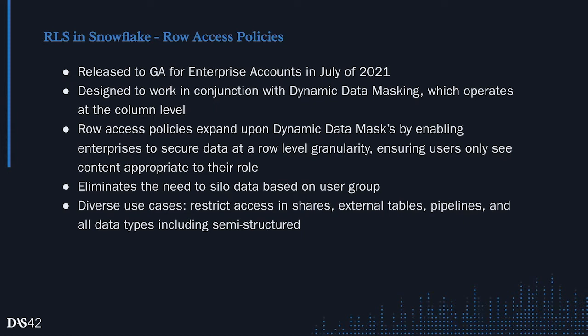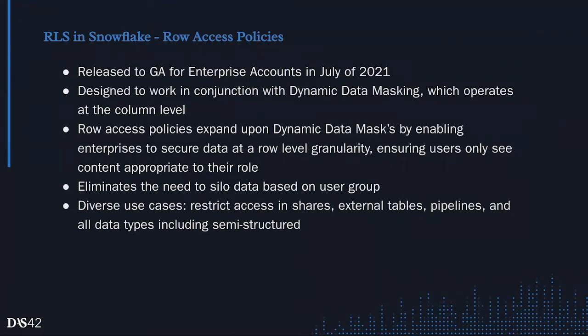They work in conjunction with an older feature called dynamic data masking, which works at a column level. By using both of them together, you can control a user's field experience and then row level experience within those fields, which is a pretty neat addition. As I mentioned earlier, doing so eliminates the need to silo data based on user group.